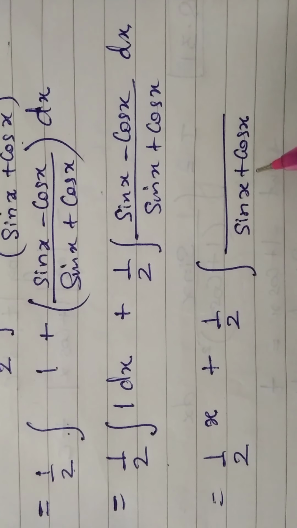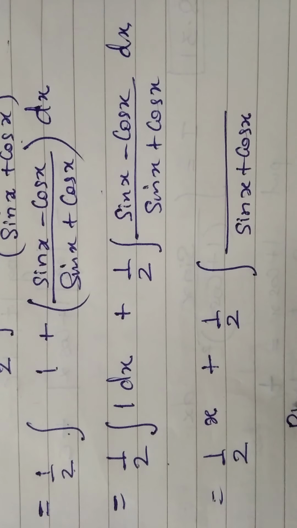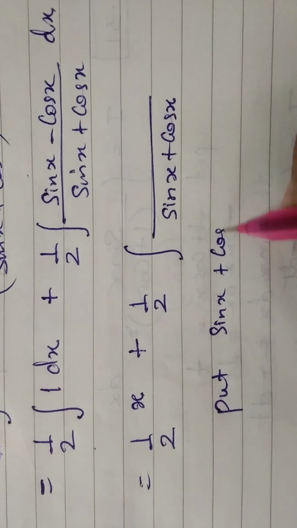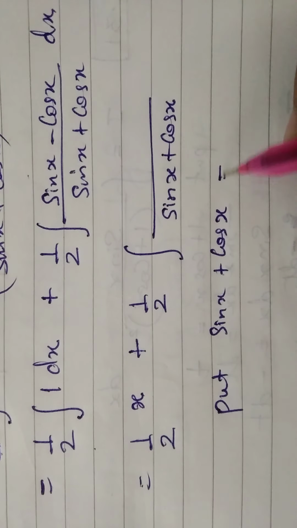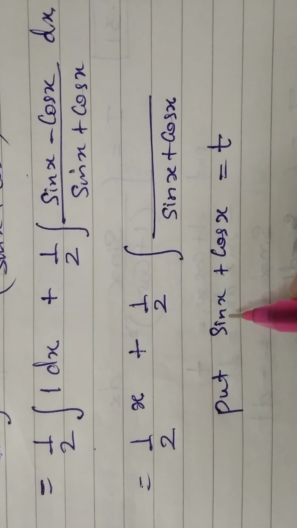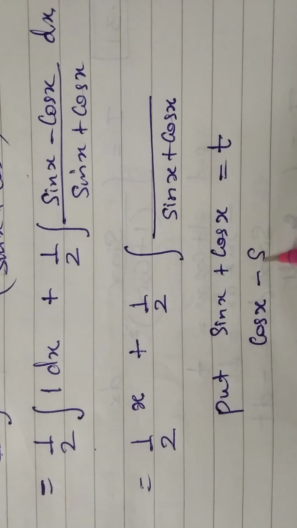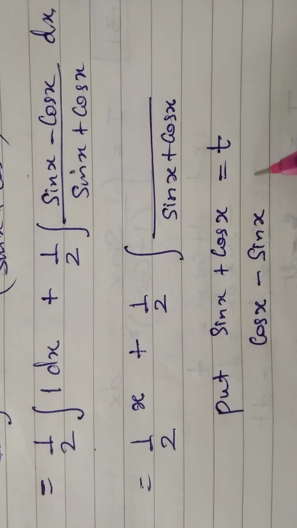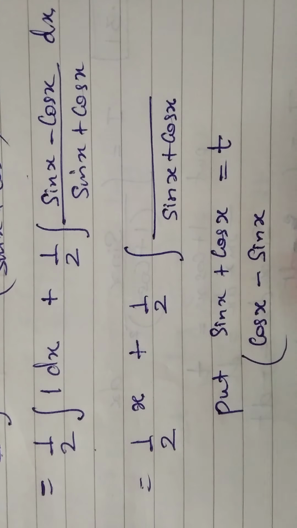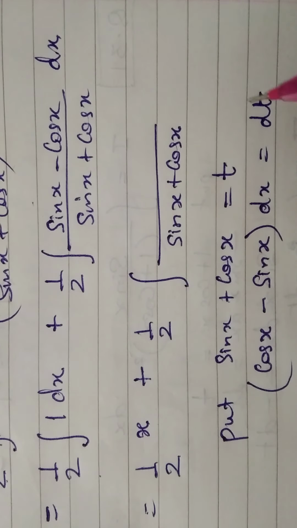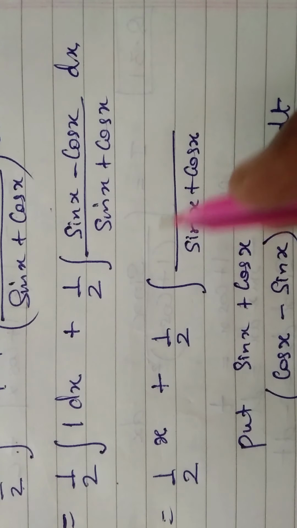If I put sine of x plus cos of x in the denominator as term t, then differentiation of sine is going to be cos of x, and differentiation of cos is going to be minus sine of x, so d by dx of cos x is going to be minus sine x, and the dx term, and that is equal to dt. Now, I have a similar type of term in my numerator.